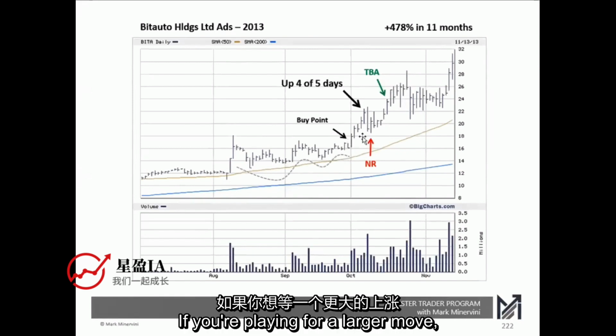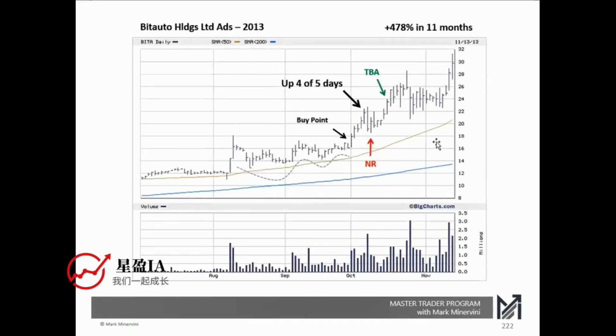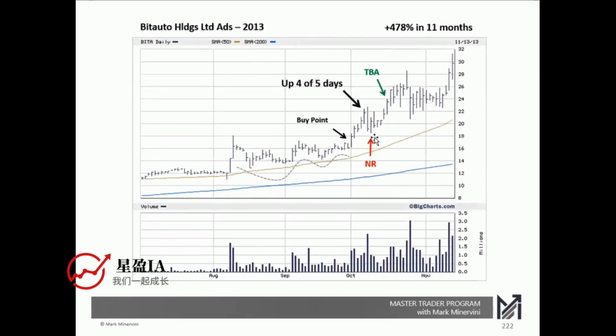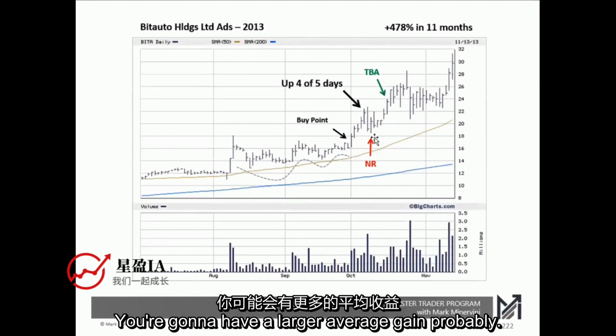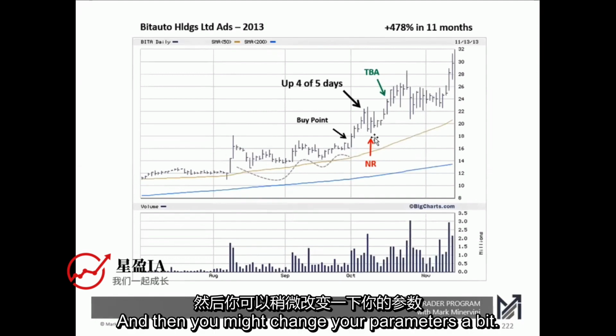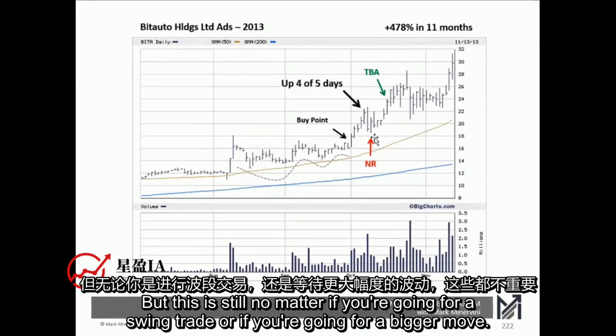If you're playing for a larger move, well, then of course your risk reward ratios are going to be different. You're going to have a larger average gain probably, and then you might change your parameters a bit.